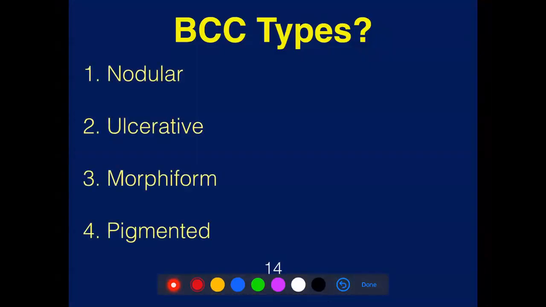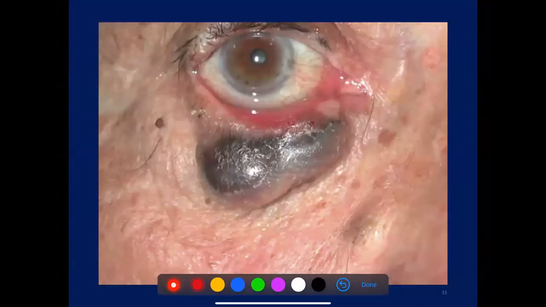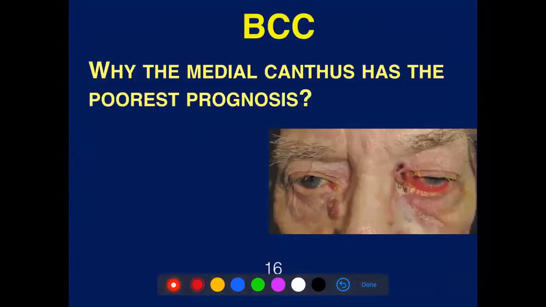So this is how you will most commonly see carcinomas like this. Can you tell me, if the basal cell carcinoma is located in the medial canthus, why does it have the poorest prognosis? I'm not sure, but is it because of higher risk of spreading? So what do you have here? You have close proximity to which structures? We have the lacrimal drainage system. Okay.